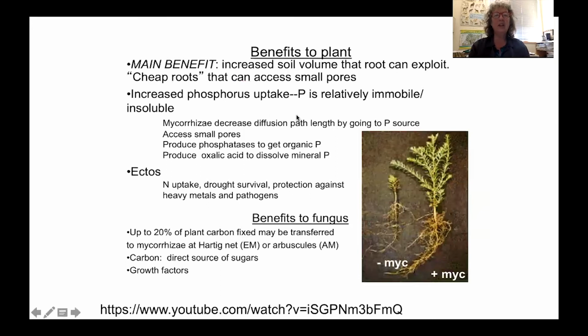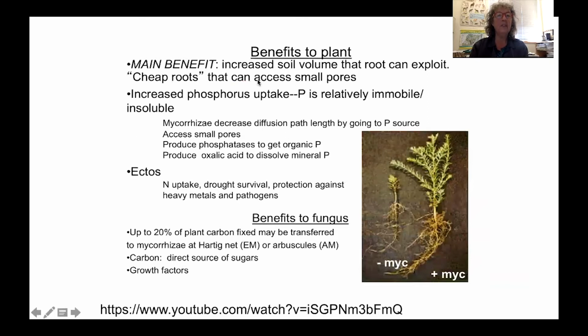Particularly good at taking up phosphorus, but I think we're learning that mycorrhizal fungi are also really important with nitrogen and water, and ectomycorrhizae, the ones more associated with trees, can really help the plant with drought and heavy metals. They can be really helpful in mining sites.